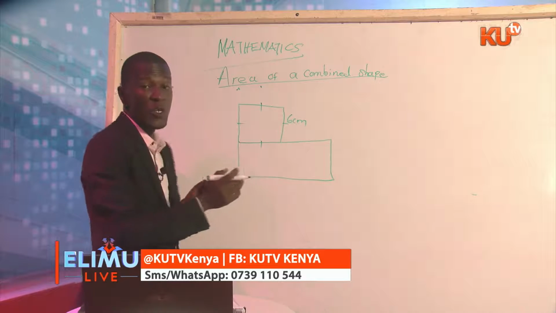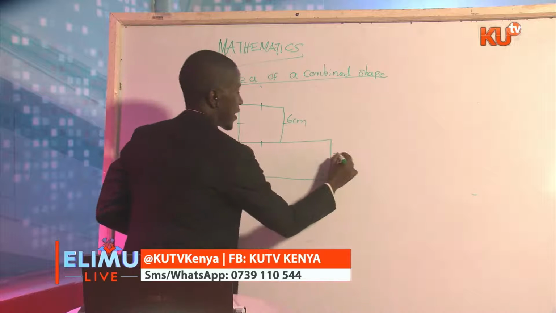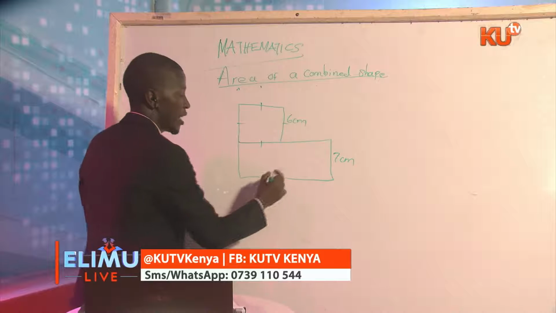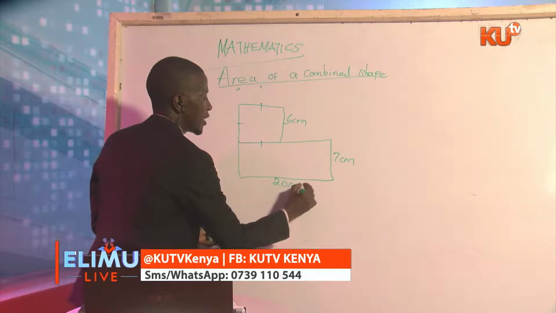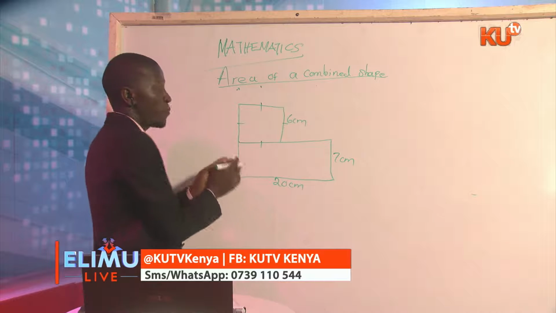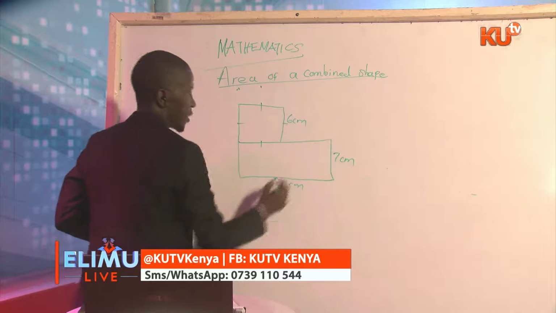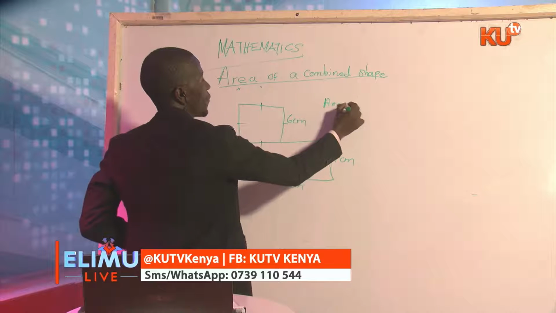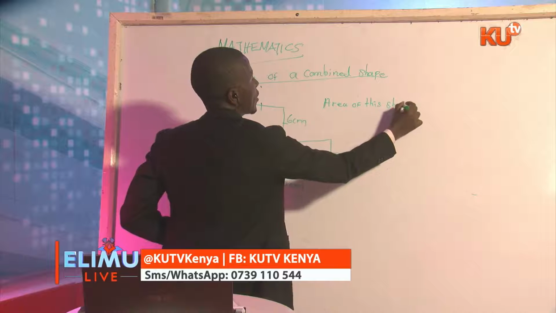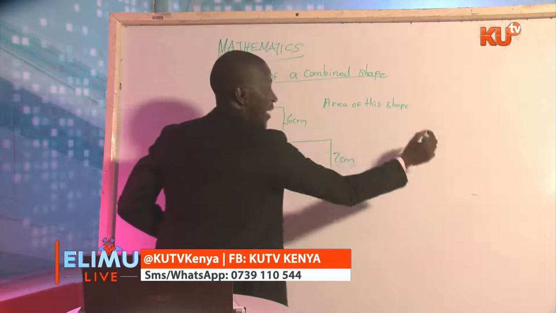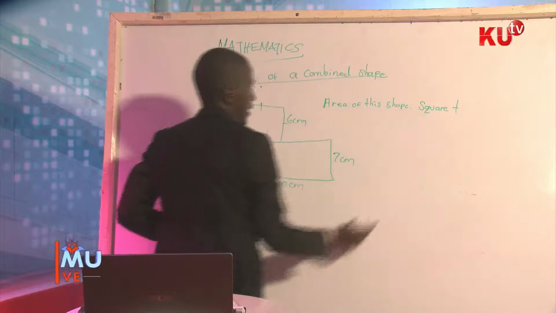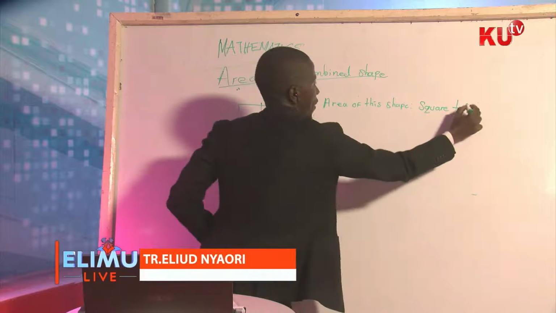Then when we go to the rectangle, width is 7 centimeters and length is 20 centimeters. In order to find the area of this combined shape, the area is equal to the area of the square plus the area of the rectangle.